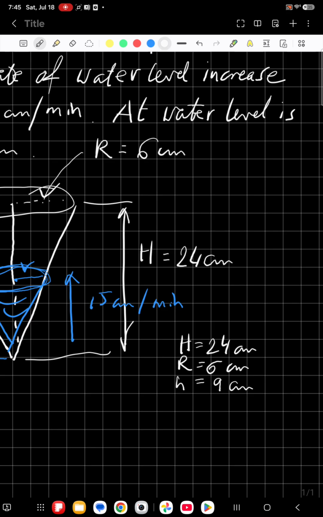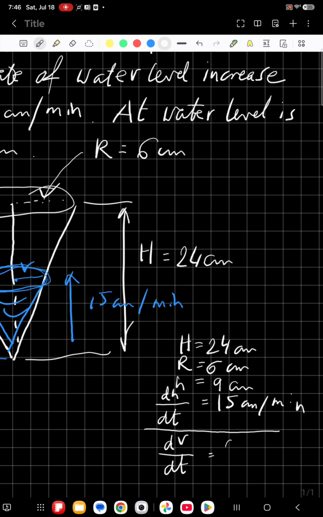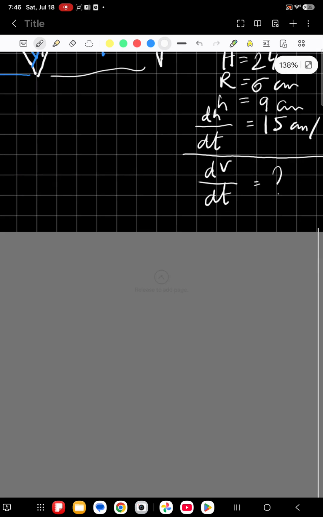Then this is the increase in water level, dh/dt, lowercase h. That was 15 centimeters per minute. And we need to find the increase in volume. So dV/dt, volume of water. So that's our unknown. That's what we're looking for.